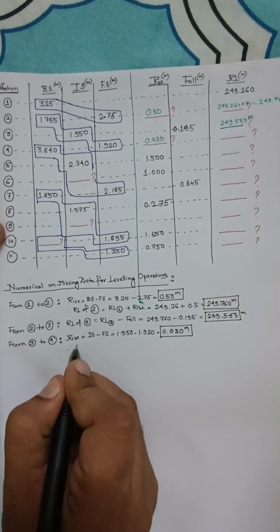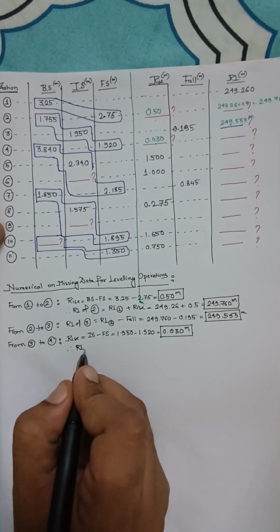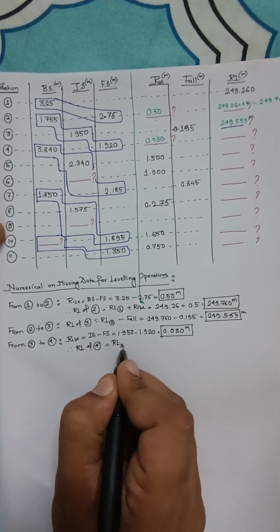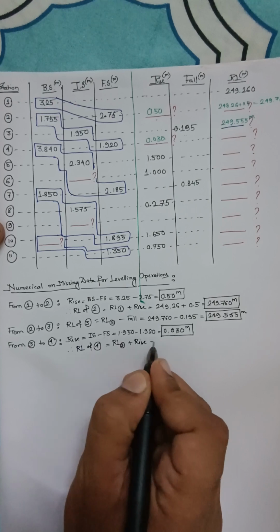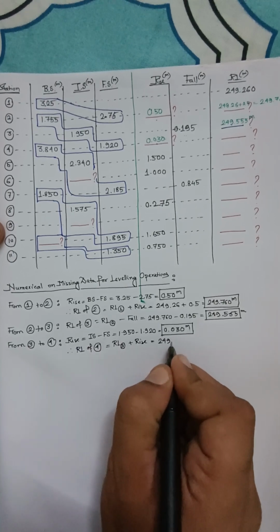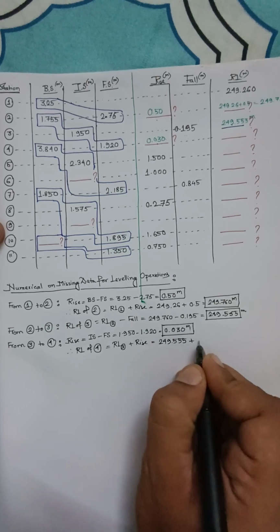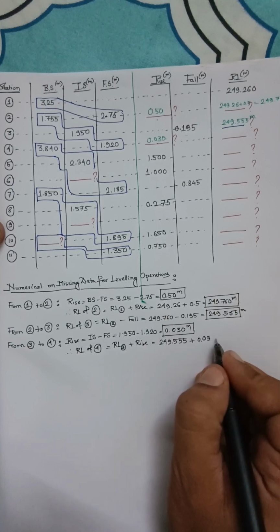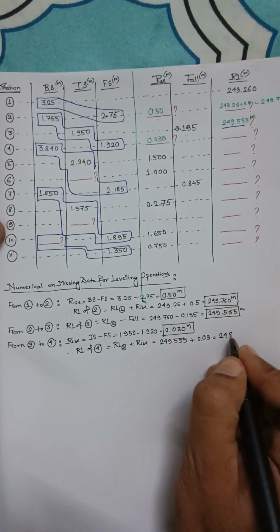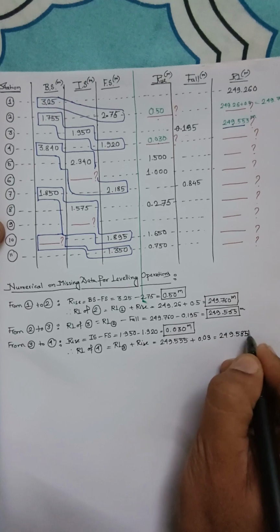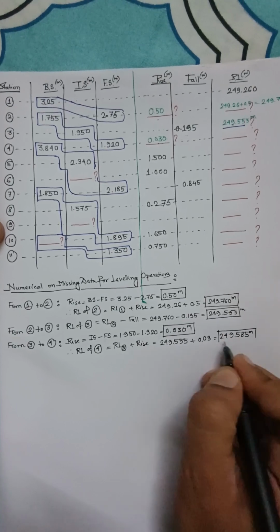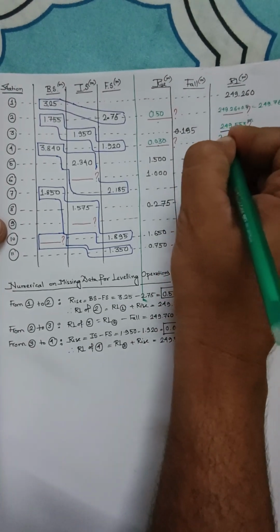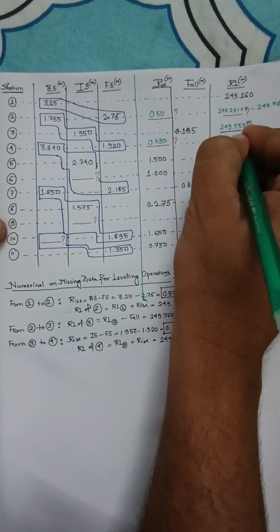So therefore, RL of 4 will be RL of 3 plus the rise, which is 249.555 plus 0.03, equal to 249.585 meters, clean as water. And then we just simply write it over here, 249.585.